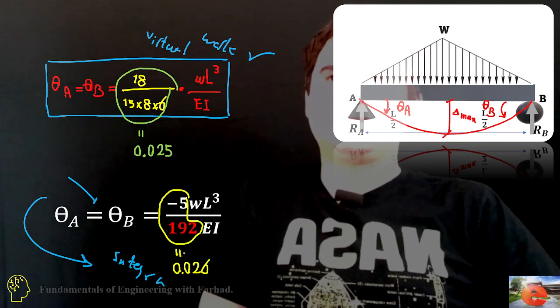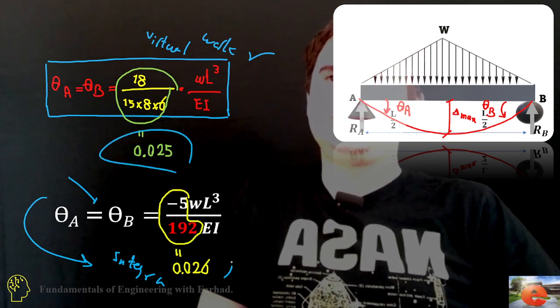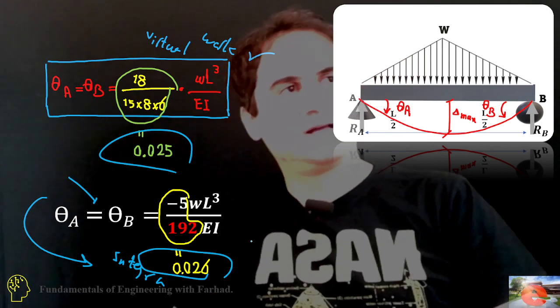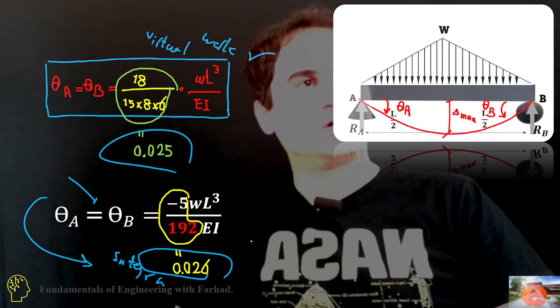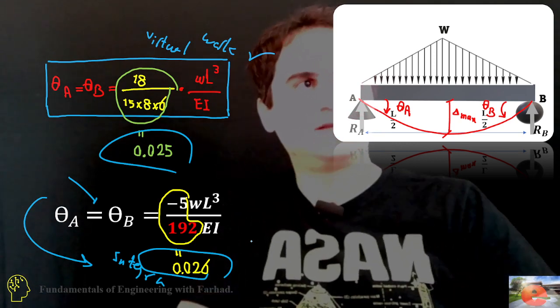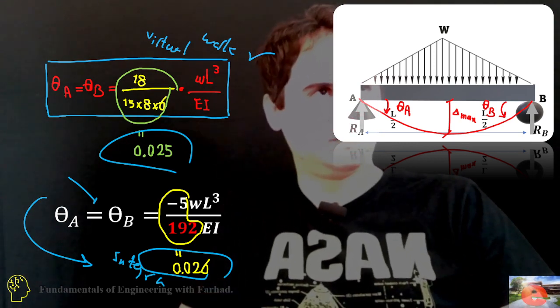If you do the math, you can easily see the difference is almost negligible, and you can easily use either of these methods to calculate deflection and rotation. And thank you, we'll solve more problems.